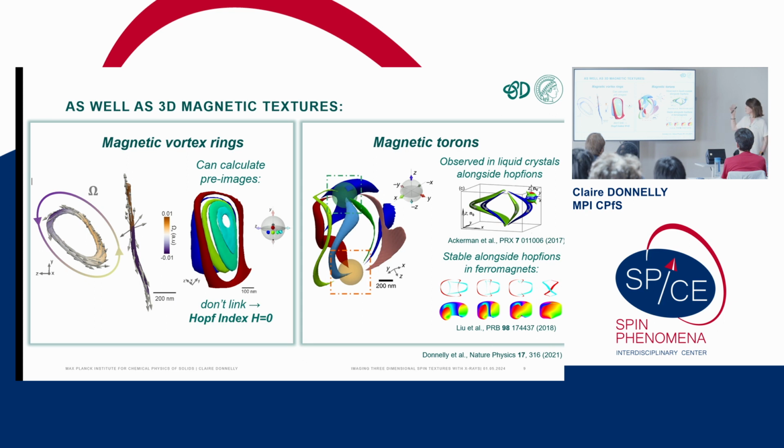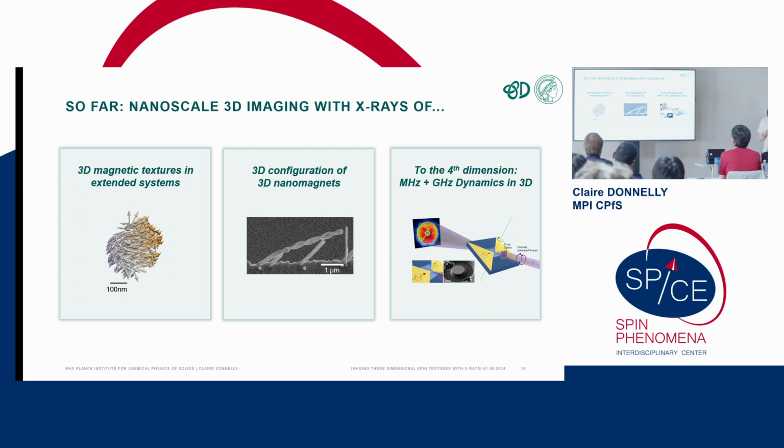Well, they've already been observed alongside Hopfions in liquid crystals, as well as in micromagnetic simulations of ferromagnets. So the fact that we can observe these and identify them with these techniques gives us quite a lot of confidence that we will be able to identify these Hopfion textures in the future.